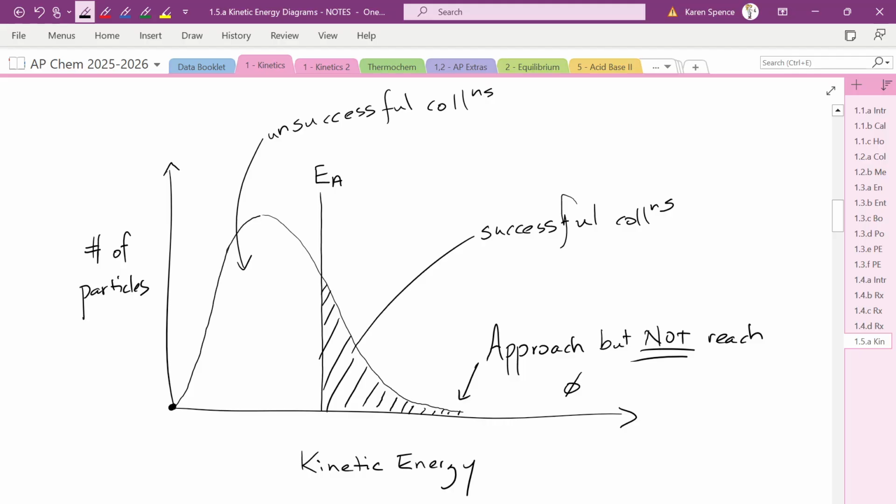Now, we didn't get to this last day, but what would happen to this curve if we were to increase the temperature? Ooh, before we do that, what does the area under the curve represent?